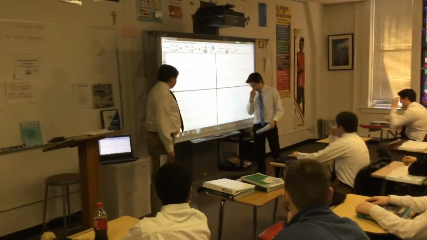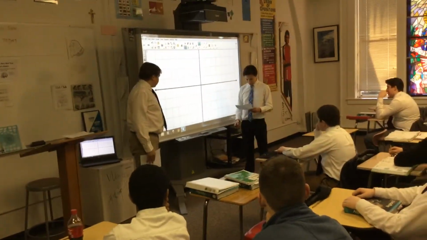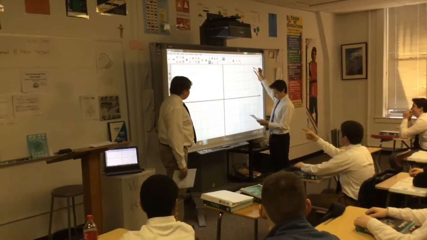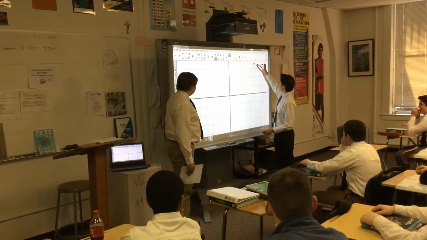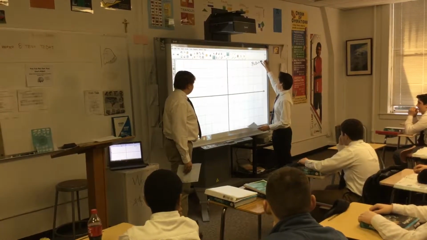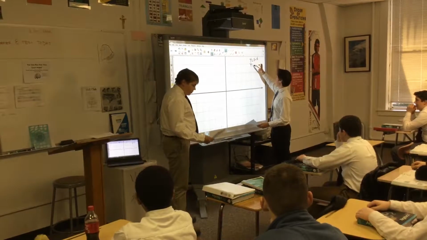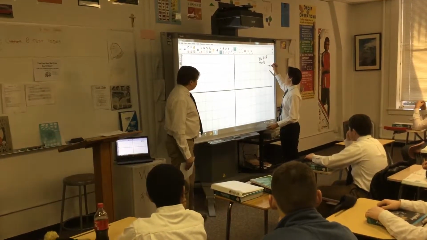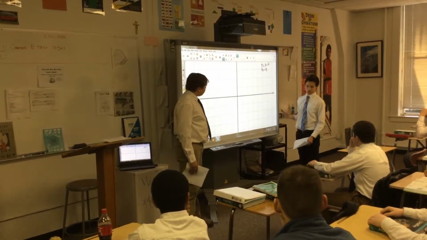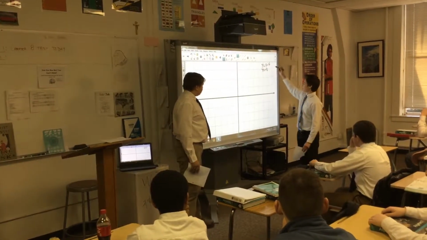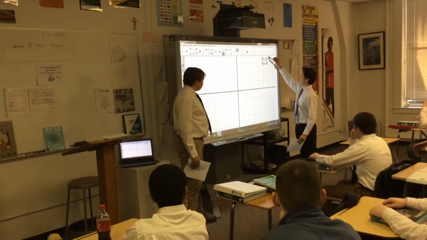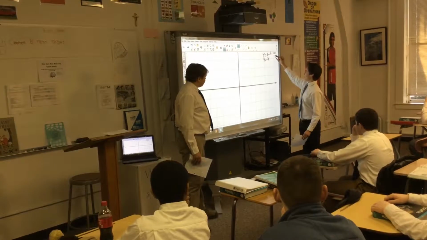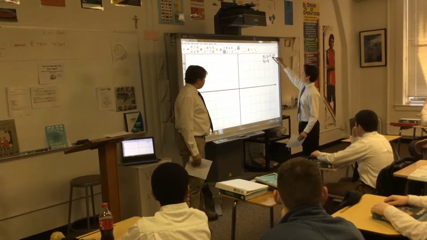Absolutely, go ahead. So we did graphing, and our problem was y equals x minus 4 and y equals negative x. First you have to figure out your slope and your y-intercept. So your slope for this one is going to be 1, so m equals 1, and the y-intercept is negative 4.